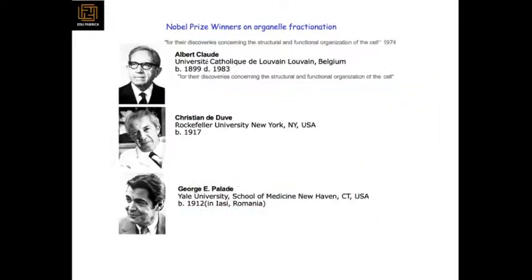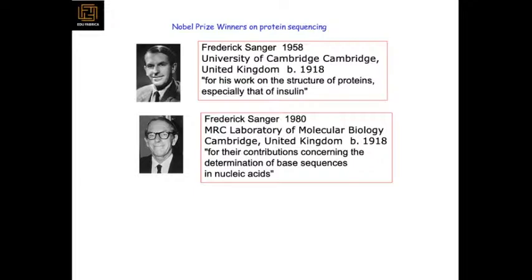Then to separate your proteins by organelle fractionation: Albert Claude, Christian de Duve, George E. Palade. On protein sequences, Frederick Sanger worked in Cambridge, United Kingdom, for the structure of proteins, especially that of insulin, and for the base sequence in nucleic acids, respectively.